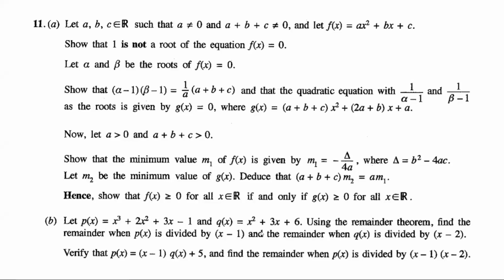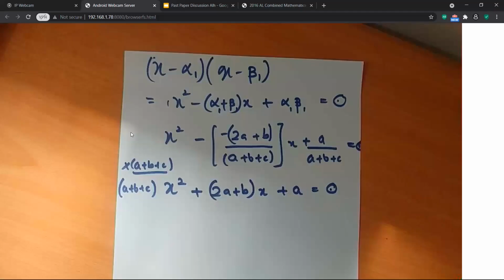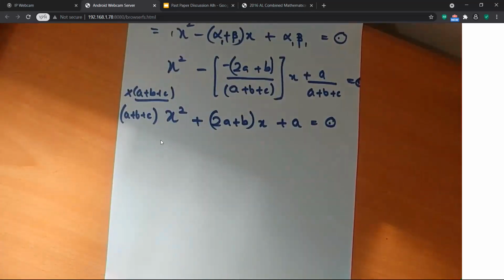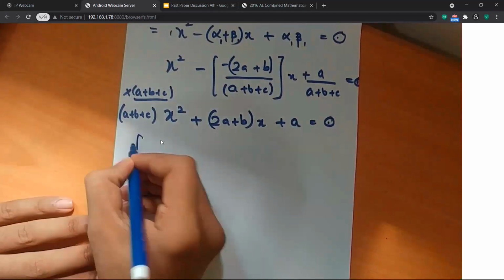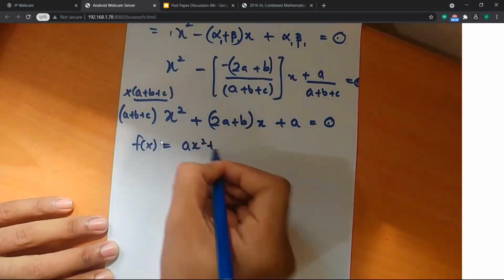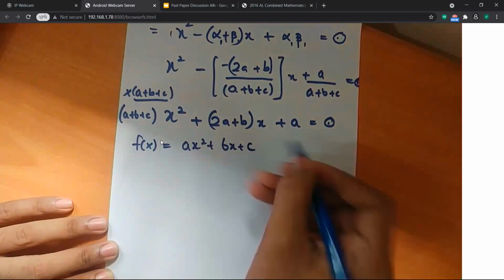Okay. So thanks for the answer, right? I'll show you. It will be easier to explain. Now, f(x) is given as ax squared plus bx plus c is equal to 0.